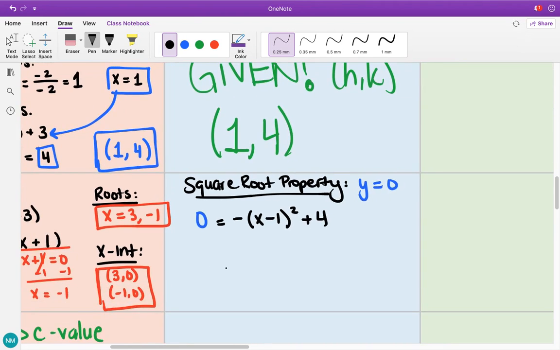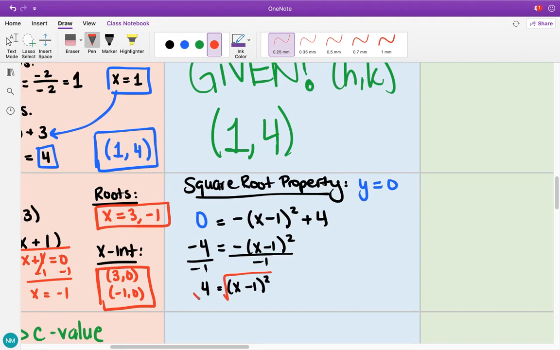So first thing I'm going to do is subtract 4. So I'm going to get -4 equals negative (x minus 1) squared. Then I'm going to divide by -1. So I get 4 equals (x minus 1) squared. So here's where I'm going to take the square root, but plus or minus.